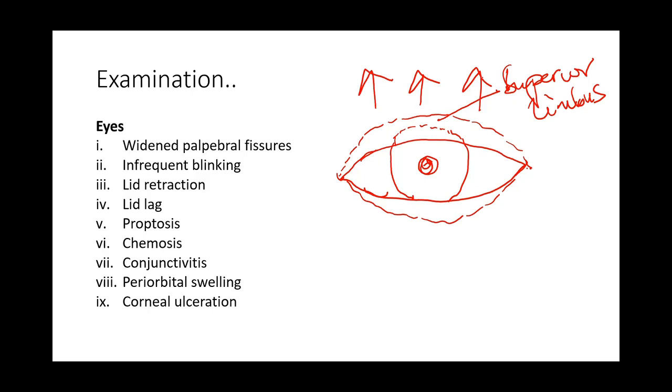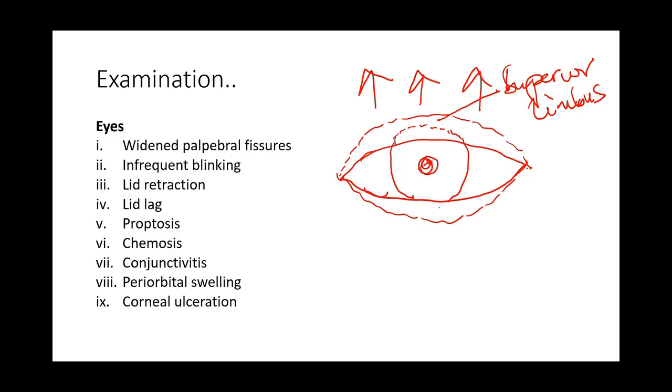And by the way, you should know that the levator palpebrae superioris is a muscle with dual nerve supply, both autonomic and somatic. The autonomic supply makes it remain in a partial state of contraction, which will cause lid retraction.